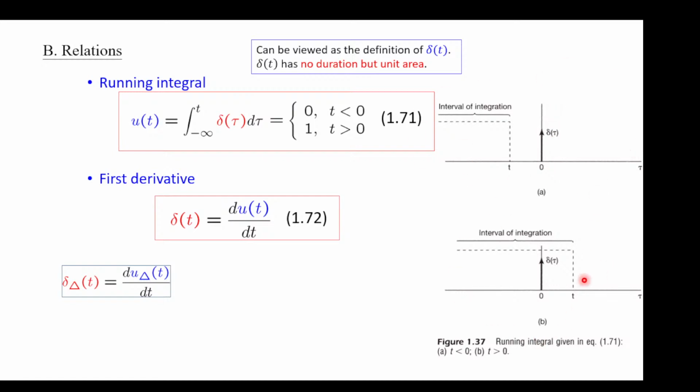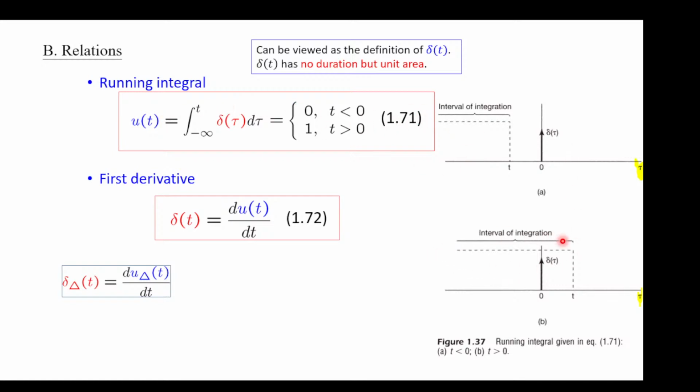So it's similar to the discrete picture. We picture tau as a dummy variable here. So you have the impulse at tau equal to 0 here. And you're thinking about increasing the integration area, so integration from minus infinity to t. If t is less than 0, then you are integrating over constant 0, so the integration should be 0.